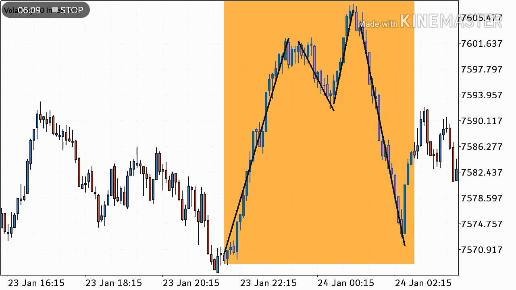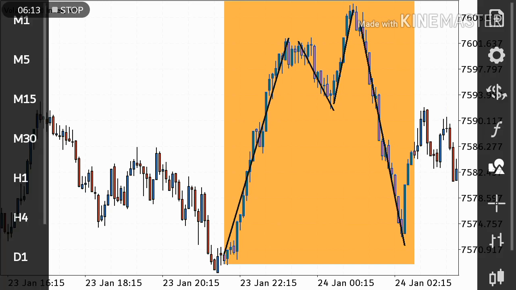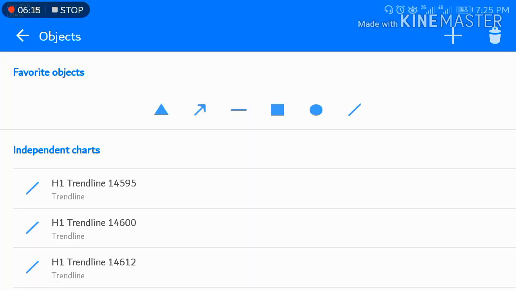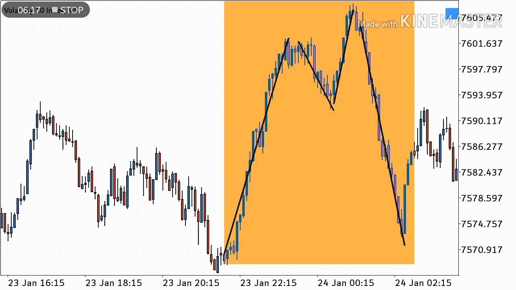Okay, now once again we find this M and we have to place our trade from this point. Look here, our trade will start from this neckline.